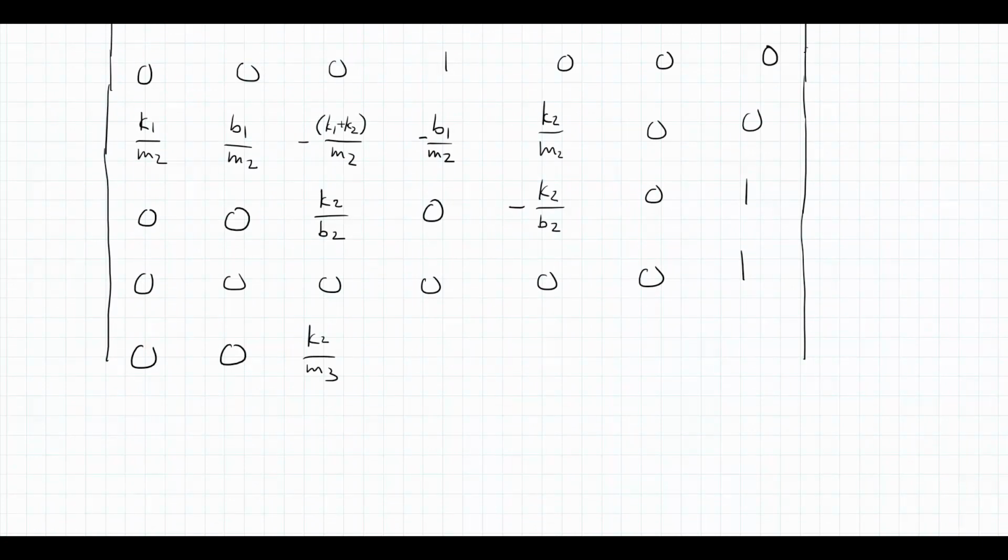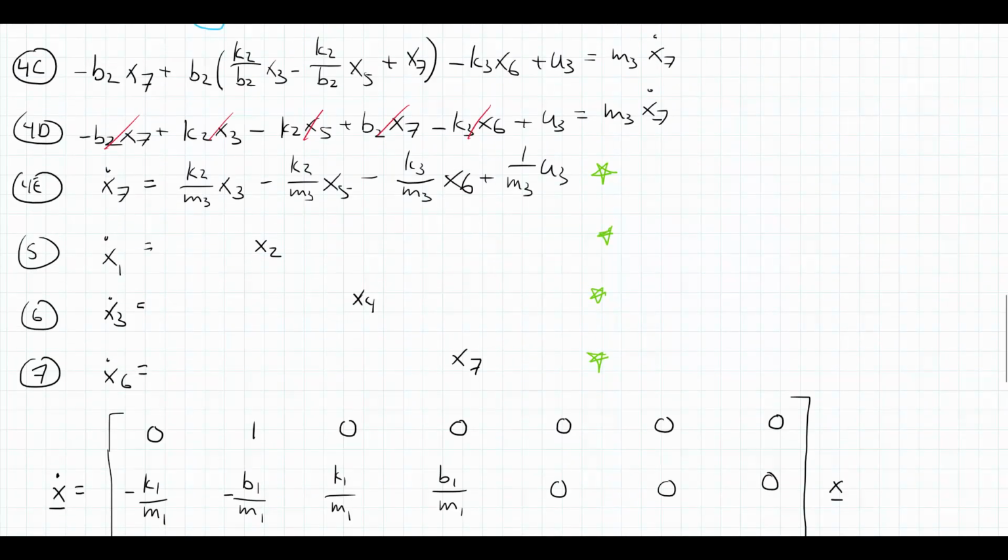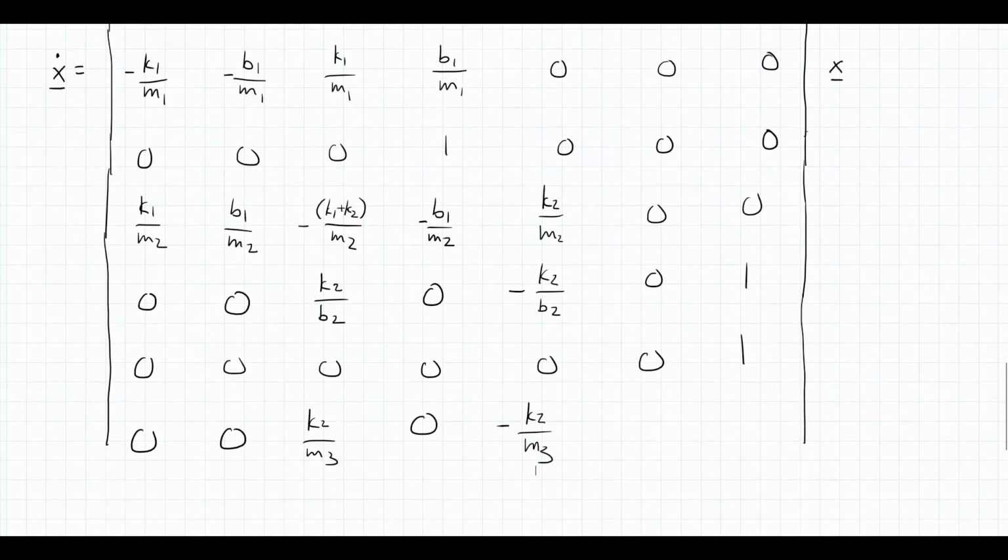I have a 0, a negative k2 over m3, and double check that. That should be in front of my x5 term, right? k2 over m3. I also have a negative k3 over m3 in front of x6. This is a k3 instead of a k2, k3 over m3, and x7 does not appear.